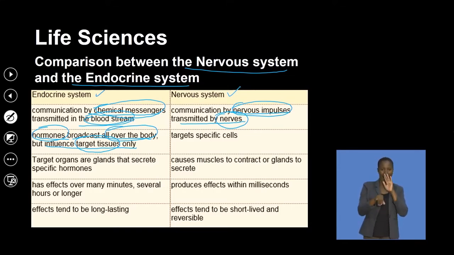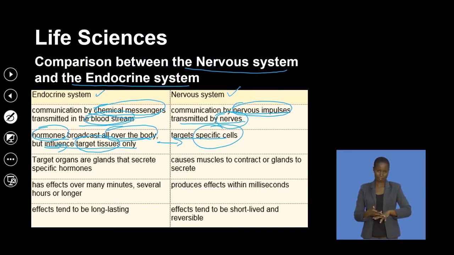However, your nervous system sends impulses via neurons, and these travel to specific target cells and not throughout the body. So your neurons are specific to a target area, whereas your hormones can travel in the bloodstream throughout the body.